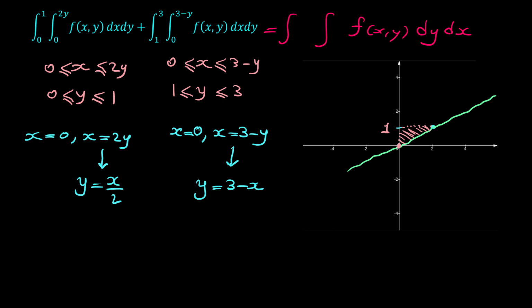Attention, if we plug in 2 for x, then the y value, 3 minus 2, is 1. So it also passes through this point. So the graph of the line is something like this.